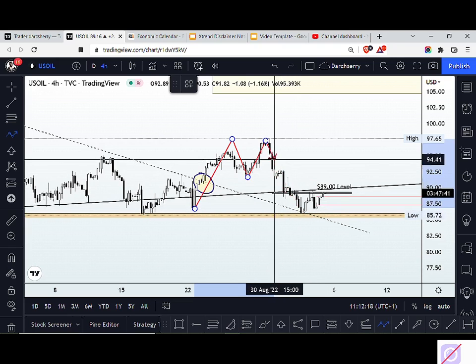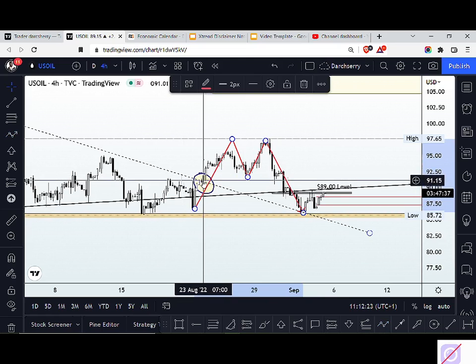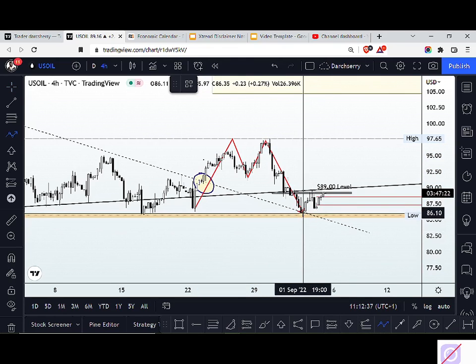So now that we have price come back to do a retest of that bearish trend line here, remember it was broken here in the month of August. I think on the 23rd of August it was broken, and then price is back on that trend line on the first day of this month. And what do we see after the touch of that trend line?